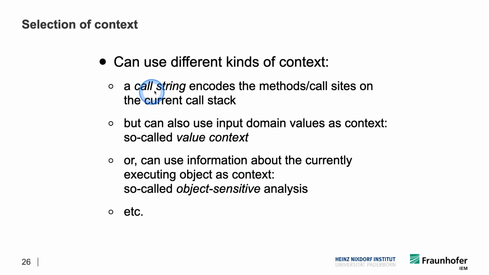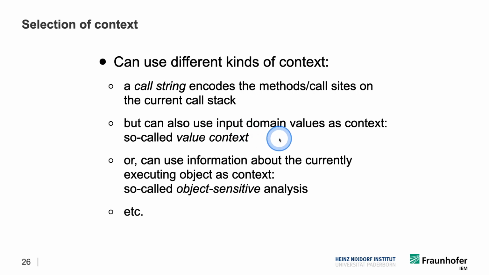We will be seeing later on that there is a representation using call strings. These basically encode methods or call sites on the current call stack within a string. That can be used to distinguish different analysis passes of the same callee procedure that originate from different calls within different contexts.